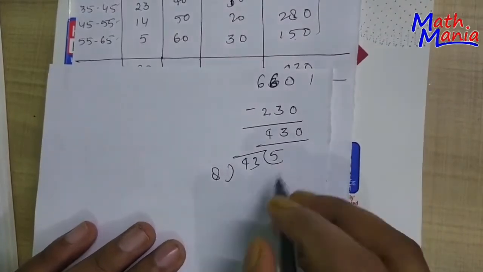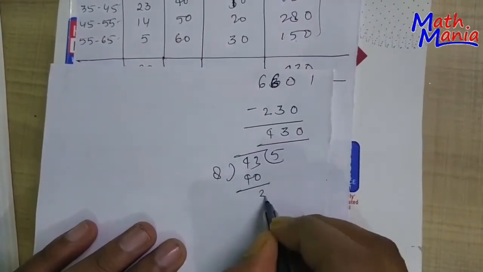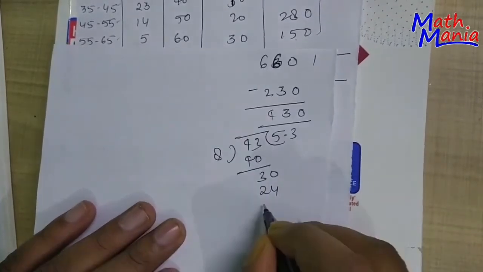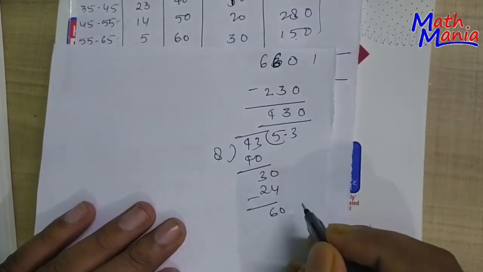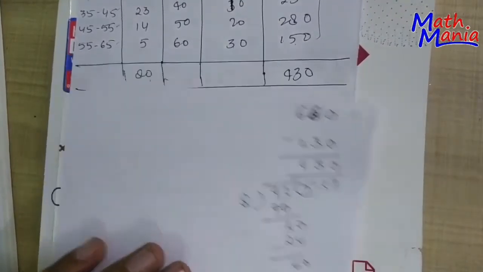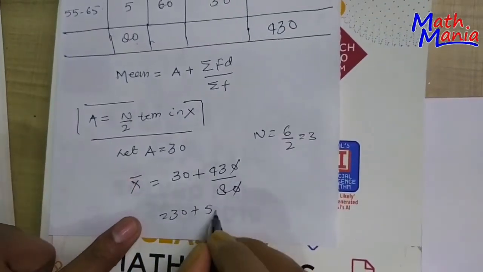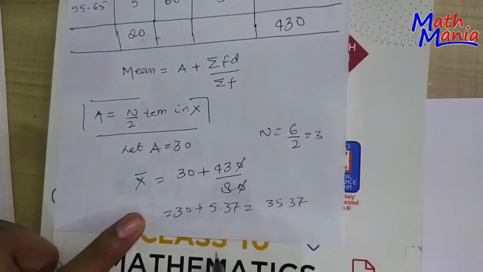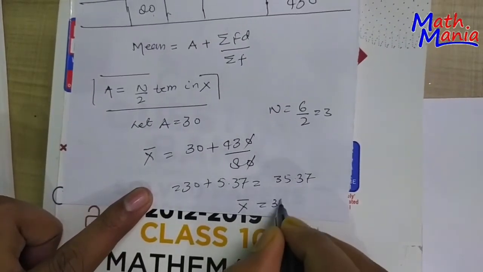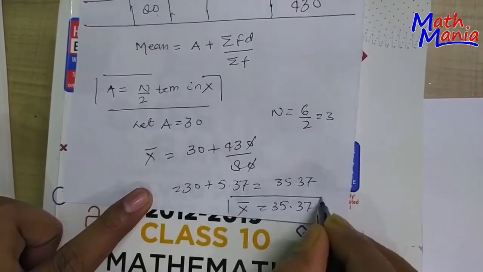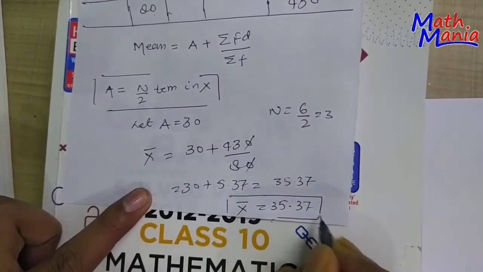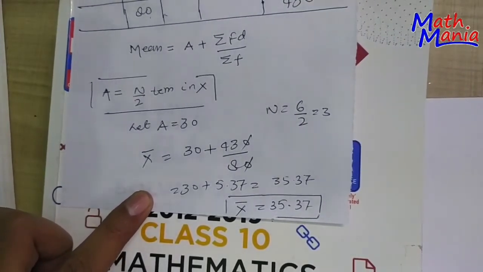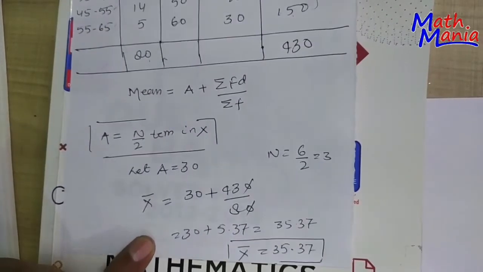We get 43 upon 8 is 5.37, so 30 plus 5.37 is equal to 35.37, which is the mean x bar of the given data. Right friends? Now we have solved the mean by the assumed mean method. Right friends?